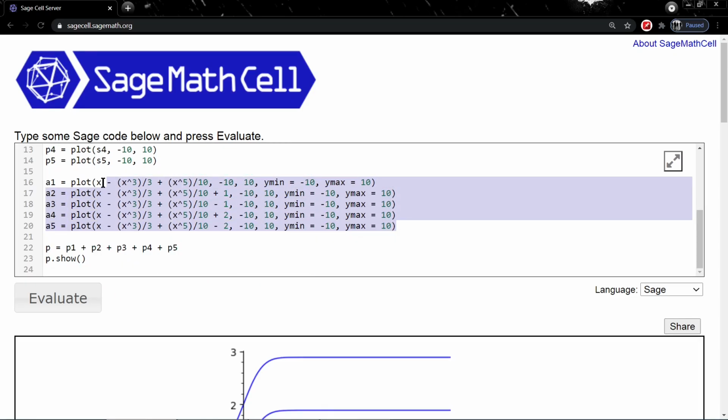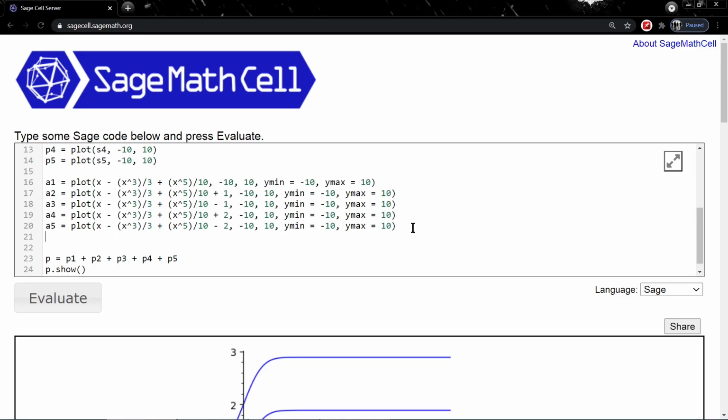Now these 5 variables hold the 5 plots for the approximate solutions. We can similarly write A equal to A1 plus A2 plus A3 plus A4 plus A5. Now this A variable holds all the graphs of the particular solutions.